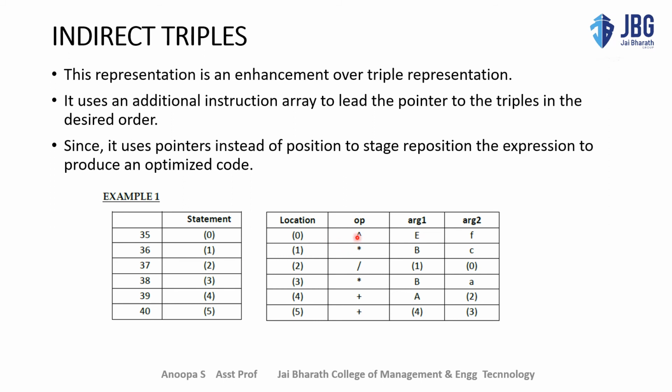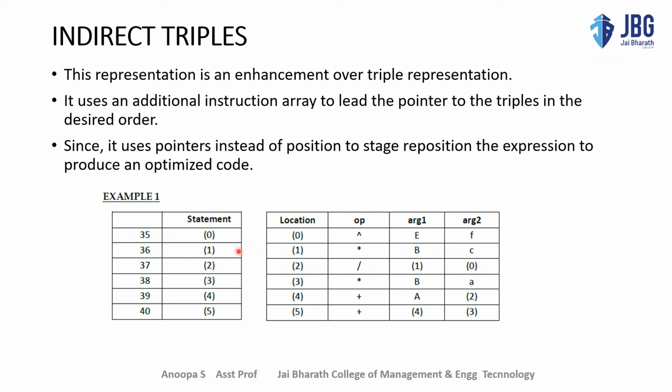What we have written is the same as in the previous one. So e exponent f, b into c is given as 1. Then for division, we are giving the location numbers 1 and 0 similarly, but we can see it is given within brackets. That means the content of that should be taken. So content of 1 is at 36, and content of 0 is at 35.